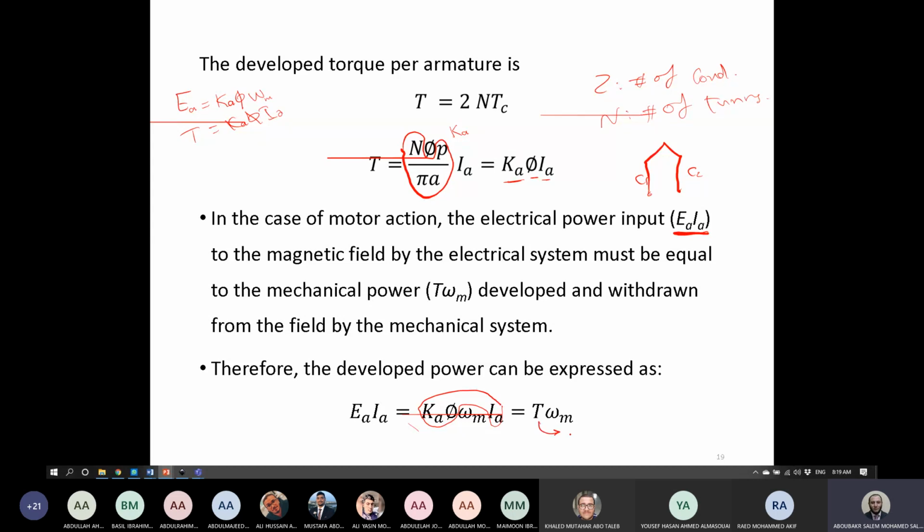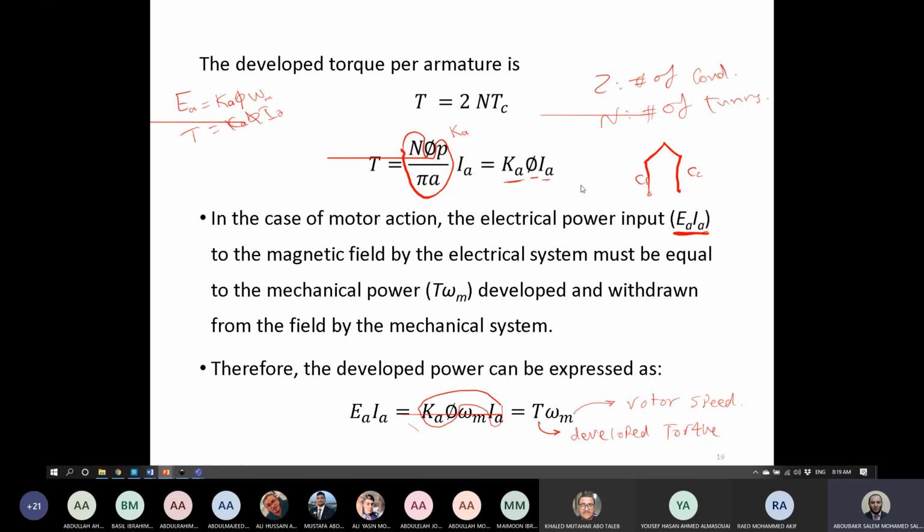This torque is called electromechanical torque or developed torque, and omega m is the rotor speed. So we can now convert from electrical to mechanical. EA Ia, the developed power, is equivalent to torque multiplied by omega m. This is just to understand the electromechanical power of the DC machine. Later, inshallah, we will discuss the power flow in more detail for all machine types.